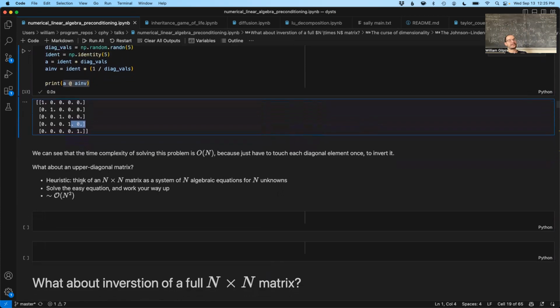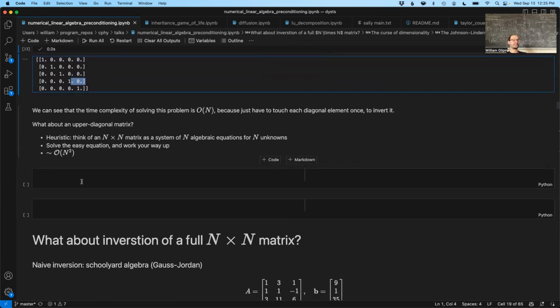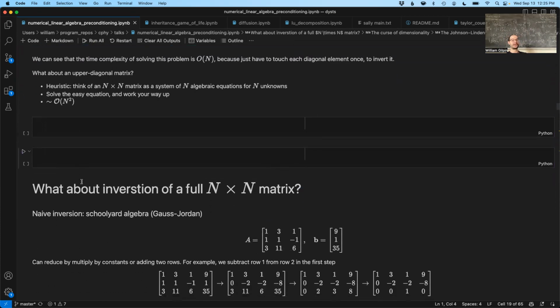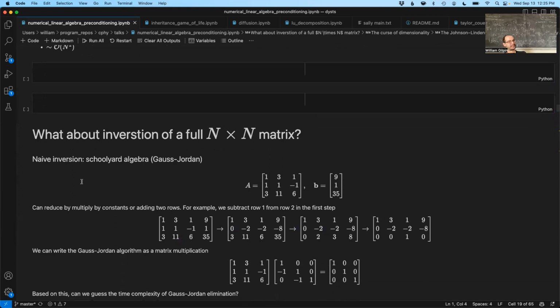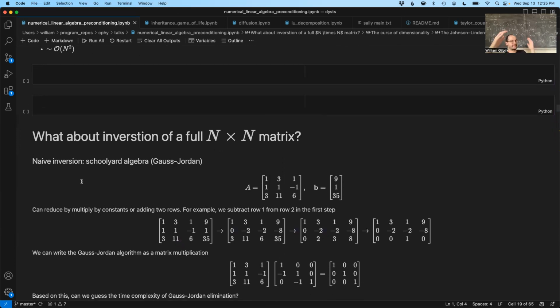Okay, so that's fine, but how often in the real world do we actually encounter triangular matrices? Based off of that, can we suss out what the time complexity of full n by n matrix inversion is going to be? And this is where it gets into the really boring stuff in linear algebra, right? Because at least when I took linear algebra, it felt like weeks very manually solving large systems of matrices using Gauss-Jordan elimination.